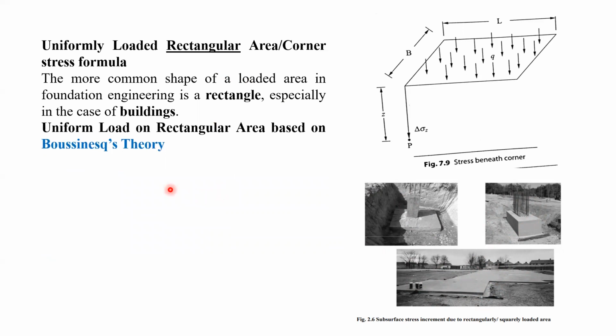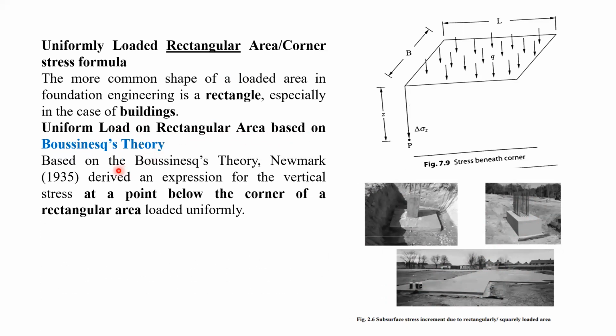Now, uniform load on a rectangular area based on Boussinesq theory. Newmark derived an expression for the vertical stress at a point below the corner of a rectangular area. This is the rectangular area where q is the load per unit area, right? Which may be kilonewton per meter square or ton per meter square.